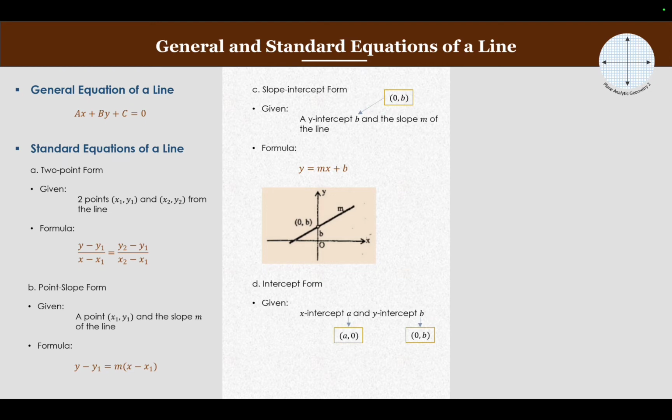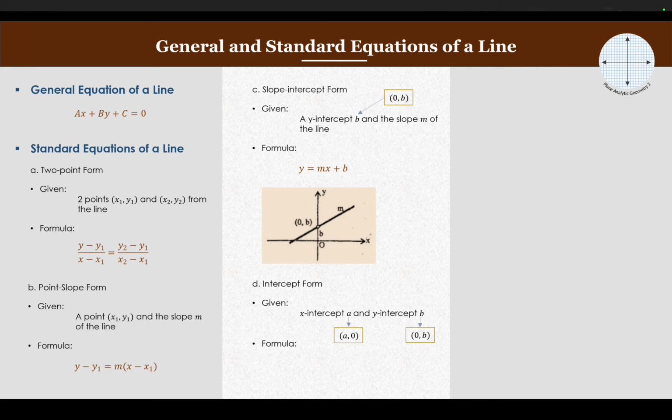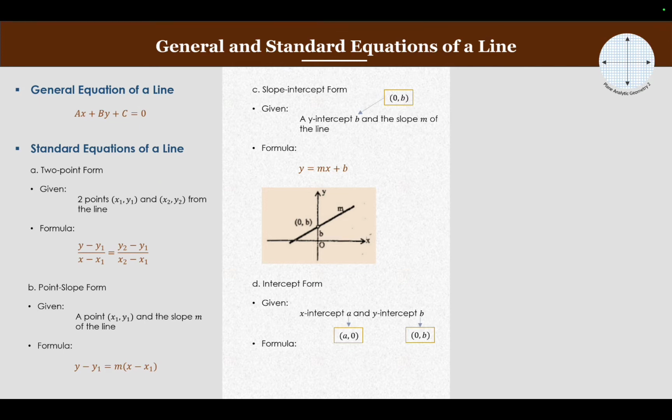So the formula to get the standard equation using the intercept form is x over a plus y over b is equal to 1. The a and b values are from the given.